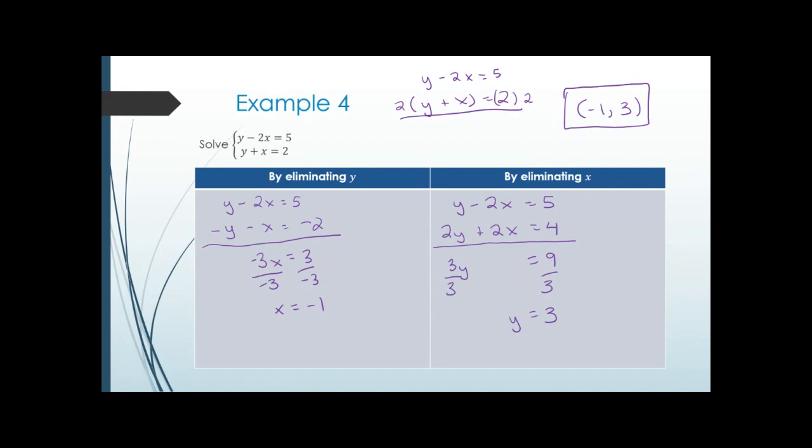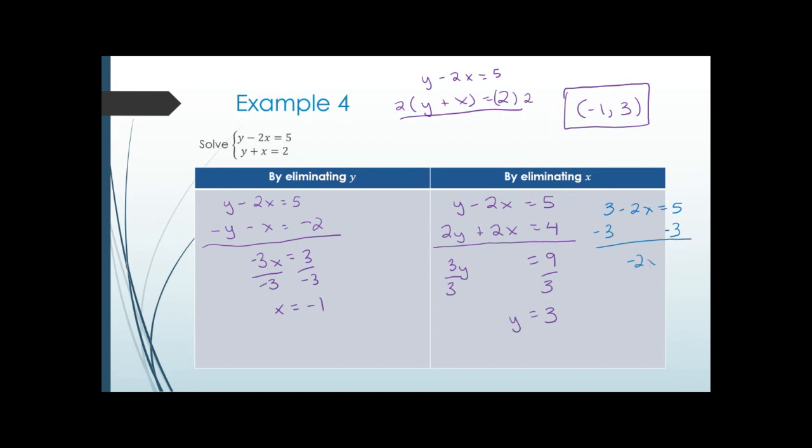I could also get that by plugging in one of these into the equation. So I'll just do that in a different color here. Let's say I did the second way and I got rid of x and I had y equals 3. I can plug that into the first equation where y minus 2x equals 5. So that'd be 3 minus 2x equals 5. So I would subtract 3 from both sides.